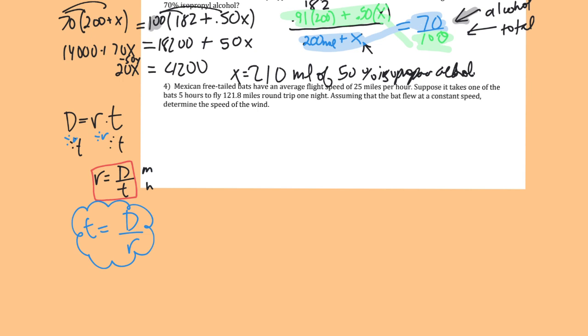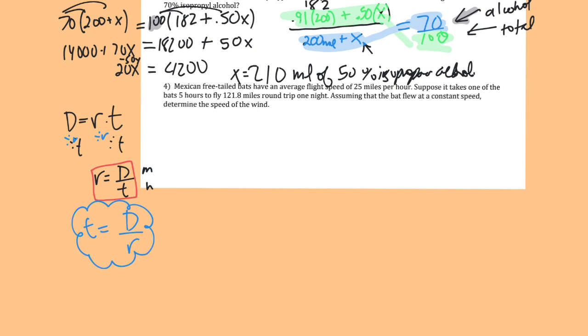This one says, these bats have an average flight speed of 25 miles per hour. And suppose it takes a bat 5 hours to fly a 121.8 miles round trip.